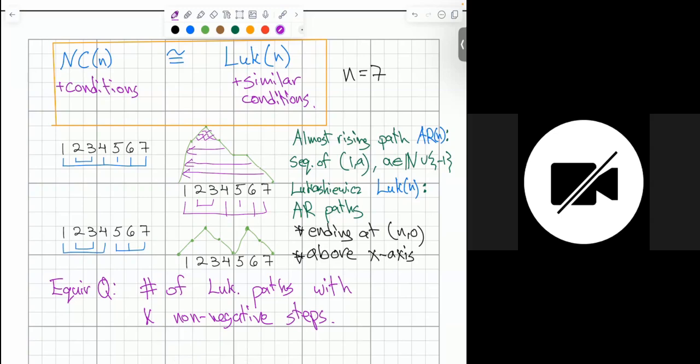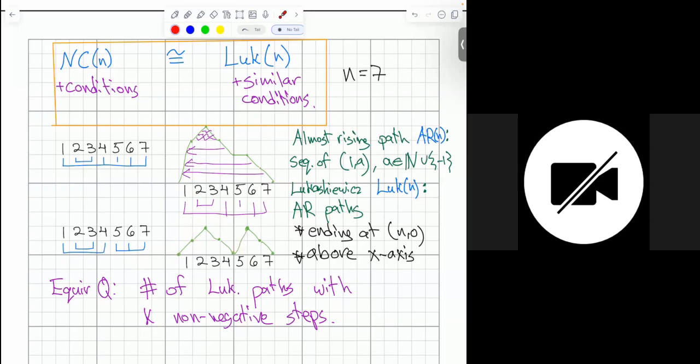Okay, so it is pretty clear that every time I open a part in the partition, I do a step which is either up or just to the right, but not negative. And so here the number of parts was 3. So I have the first, second, and fifth step as non-negative. And similarly here, I have the first, second, and fifth as well.